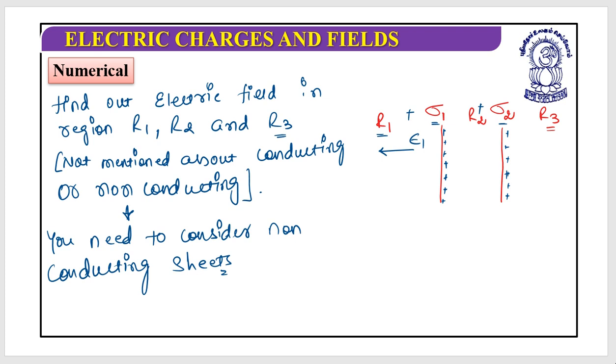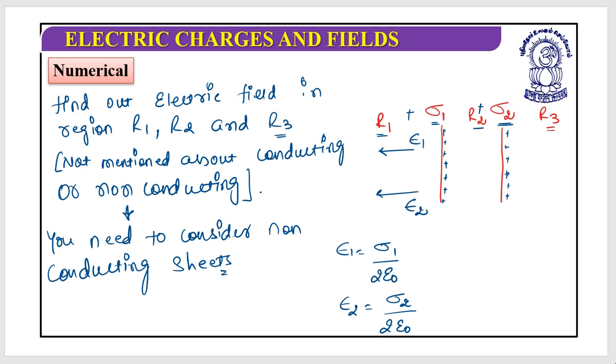These are having a positive charge, so even if this is positive, the direction of the electric field will be outward to the surface. So this is the direction of electric field 2. What would be the magnitude of E1? Magnitude of E1 would be equal to sigma 1 by 2 epsilon naught, and magnitude of electric field 2 is sigma 2 divided by 2 epsilon naught.